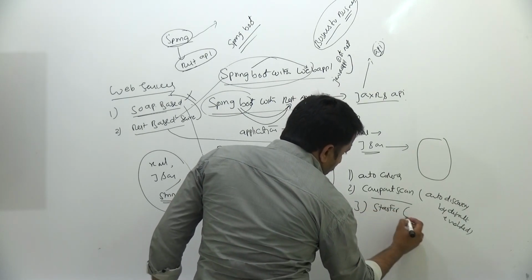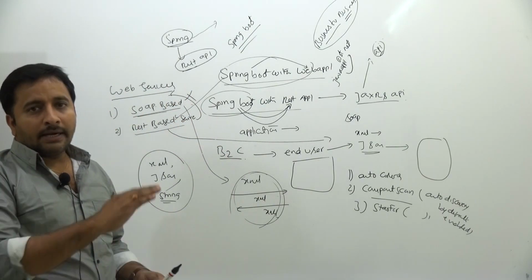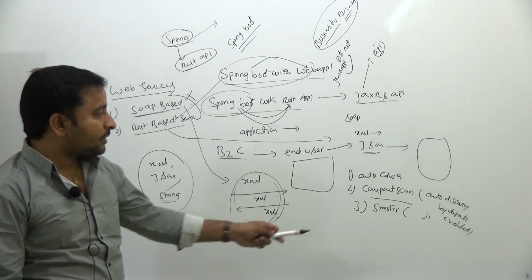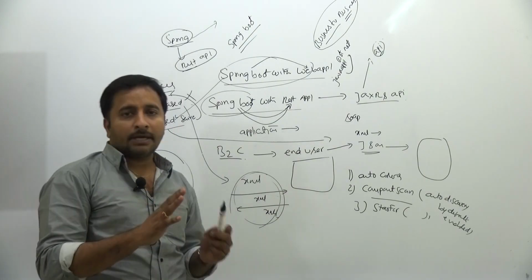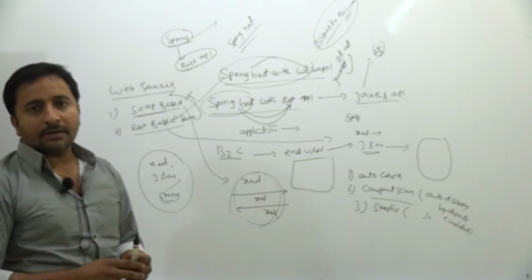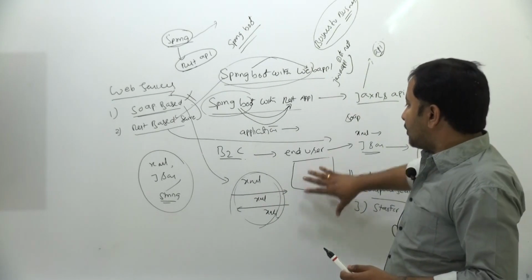Starters are there. What is the advantage of the starters? If you use one starter, it automatically downloads all the transitive dependencies of that particular starter. Starter is nothing but a dependency, of course. Whenever we use a particular starter, the transitive dependencies are also automatically downloaded.